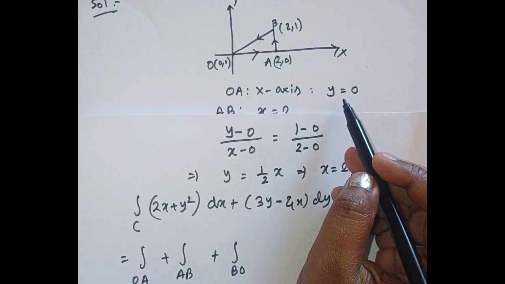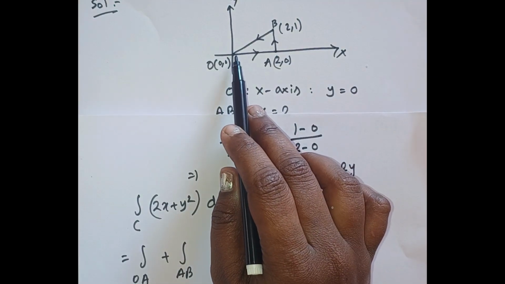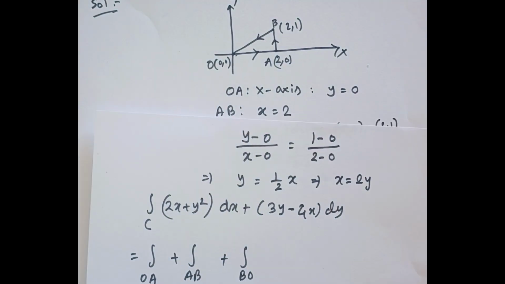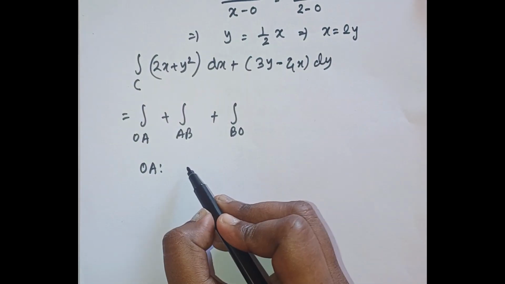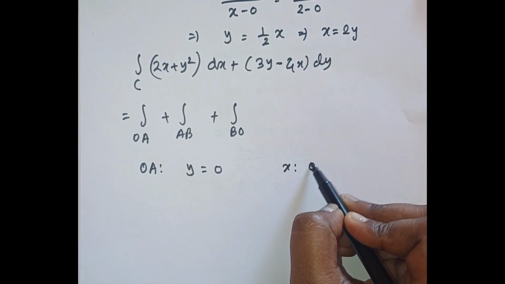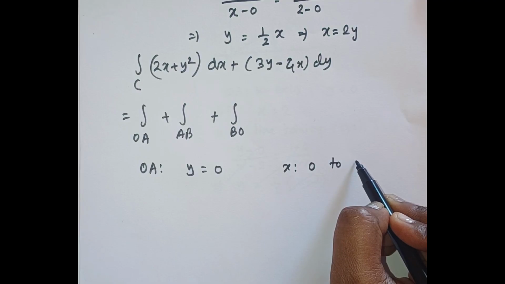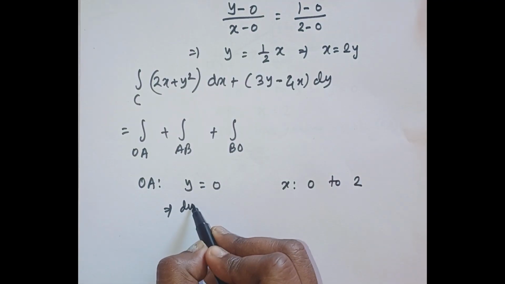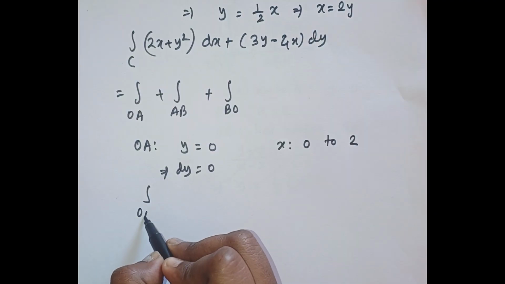Now for OA, the equation of the line is y equal to 0 and x goes from 0 to 2. Hence y equal to 0 and x goes from 0 to 2, and dy equal to also 0. Now substitute all these values.